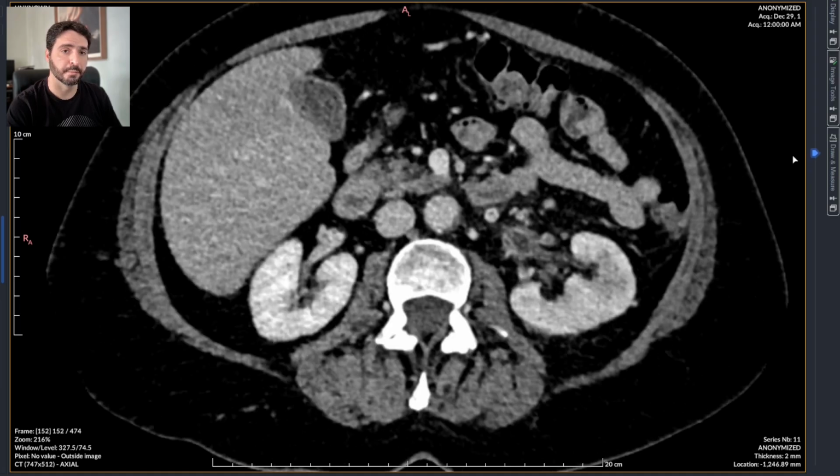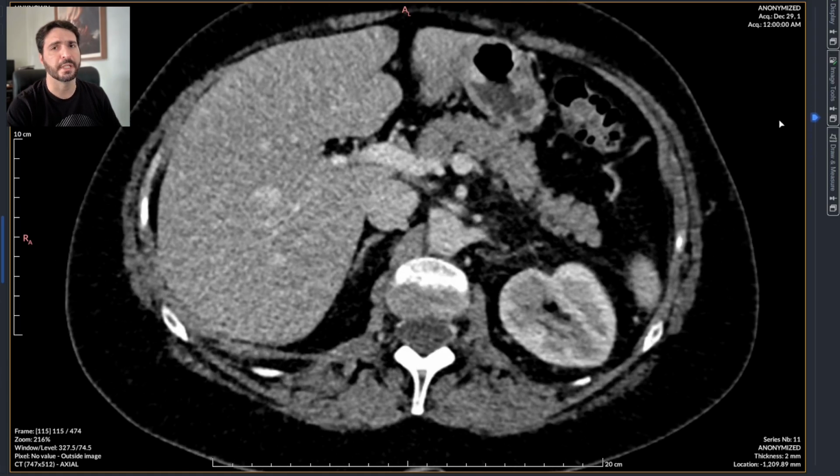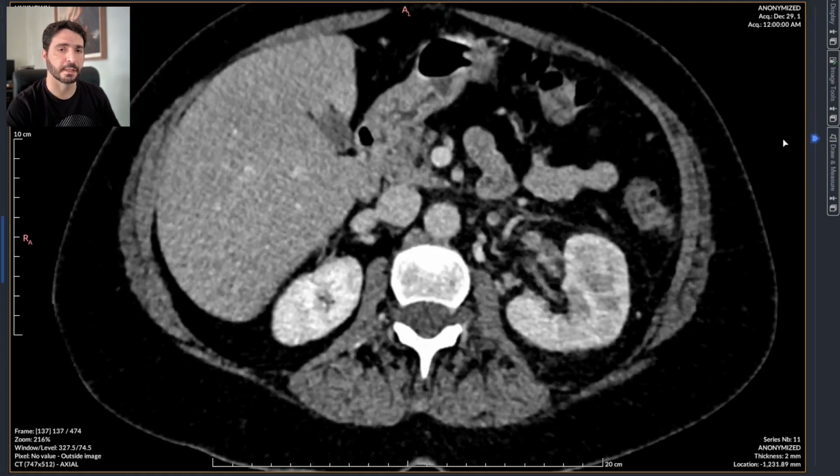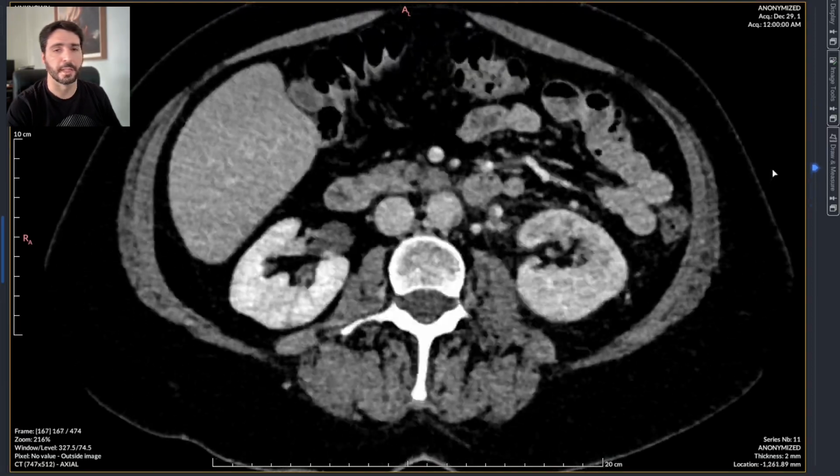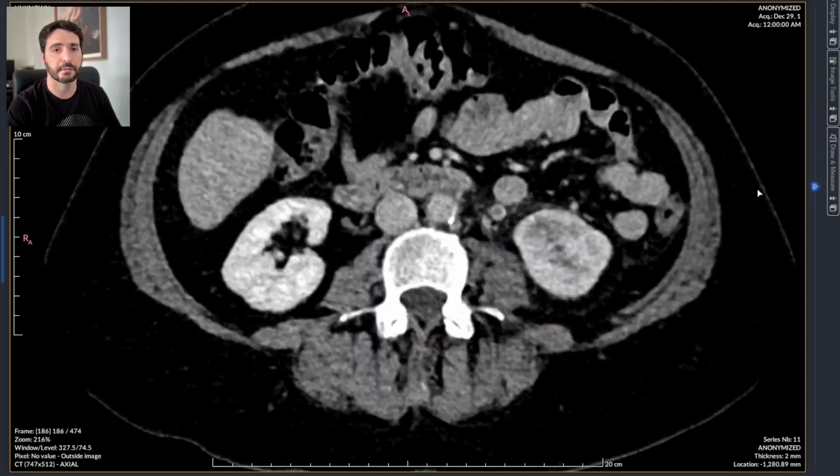So there is pyelonephritis, which is acute inflammation of the left kidney and the urinary tract.